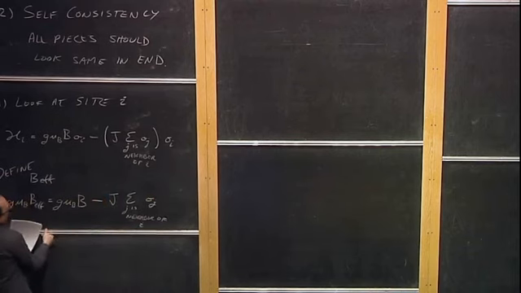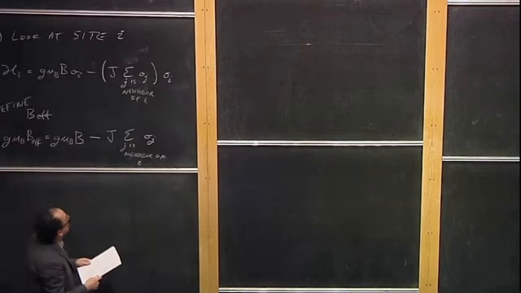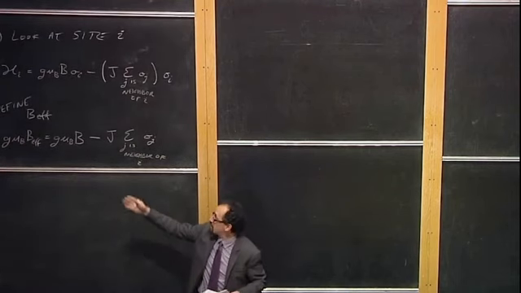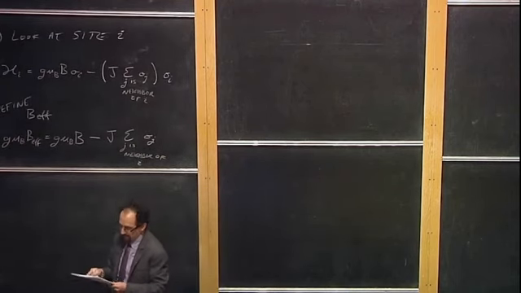So what we're doing is wrapping up the interaction with the neighbors, and we're calling it part of the effective magnetic field.